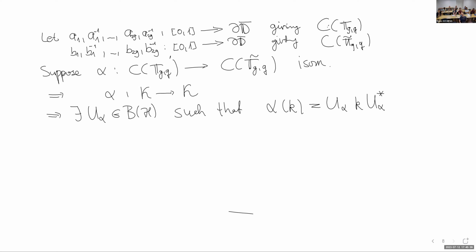Now, compacts sit in the multiplier algebra, so you can extend it uniquely to the multiplier algebra. And now the isomorphism is given by U T U alpha star.